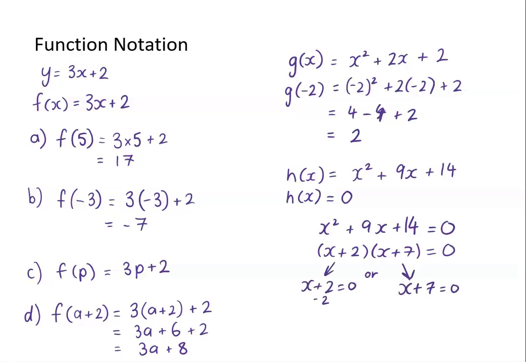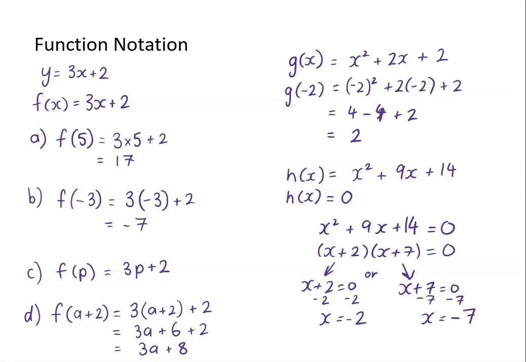To find x, I subtract 2 from both sides. x could be minus 2, or subtracting 7 from both sides, x could be minus 7. So a little different from the previous examples. We weren't substituting in our x value. We were substituting in what the whole function was equal to. So we set it equal to 0, and then this one I made a little tricky because we had to use our quadratic equation knowledge to factorise it and then to solve it.